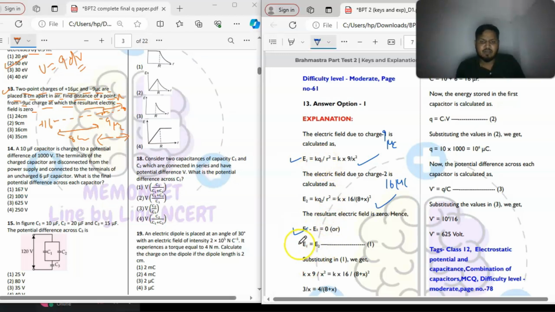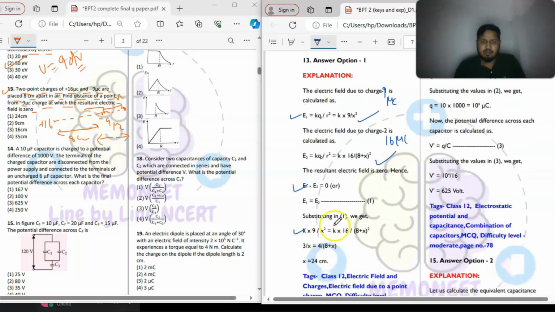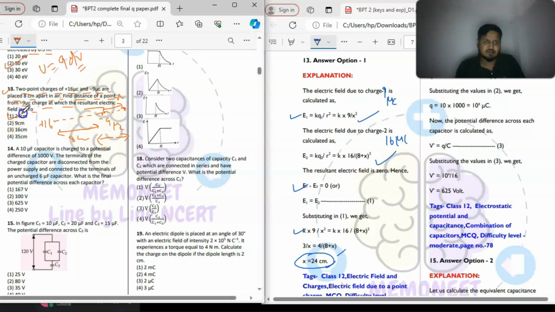Putting in the values of E1 and E2 and solving, we get x equal to 24 centimeter. This distance is from the 9 microcoulomb charge. So our first option is the correct option, right? Got it? Okay, very good.